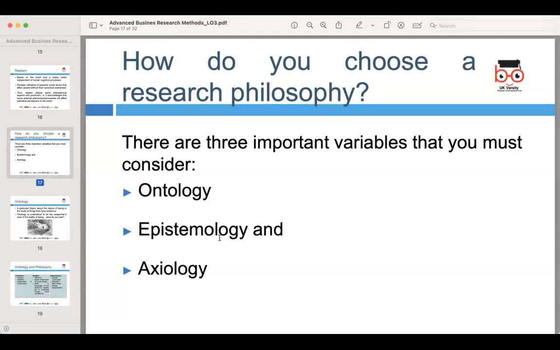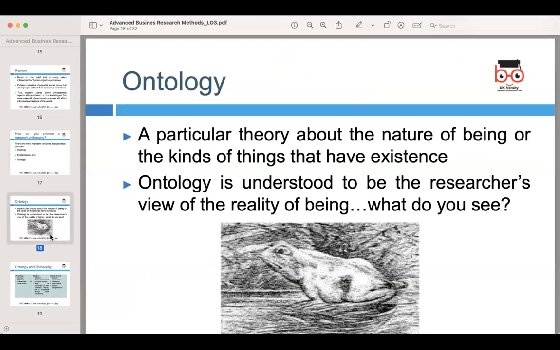Third one is axiology. Axiology focuses on the values and ethics that underpin research. It involves considering the moral and ethical aspects of your research, including the potential impact on participants and society.